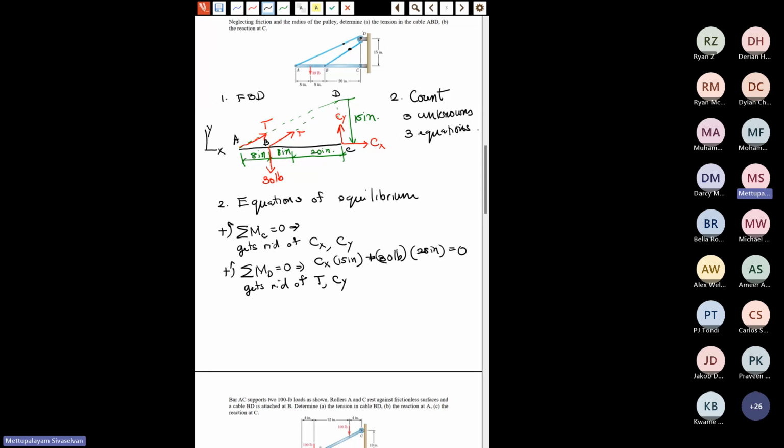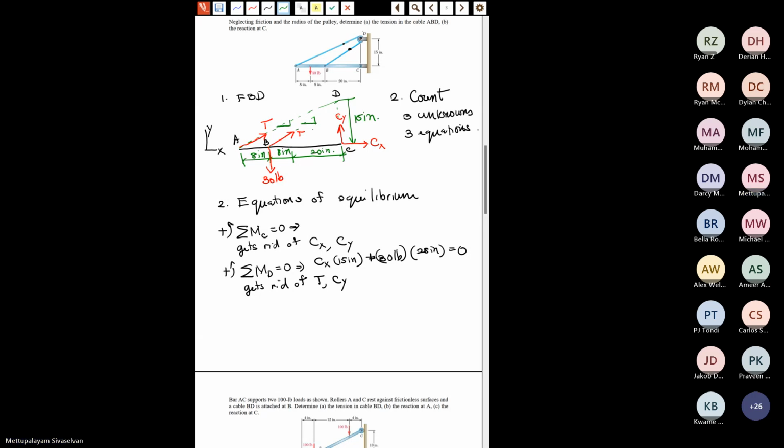Let's do the sum of the moments about C equals 0. What does that give us? So remember, let's draw some directions here.